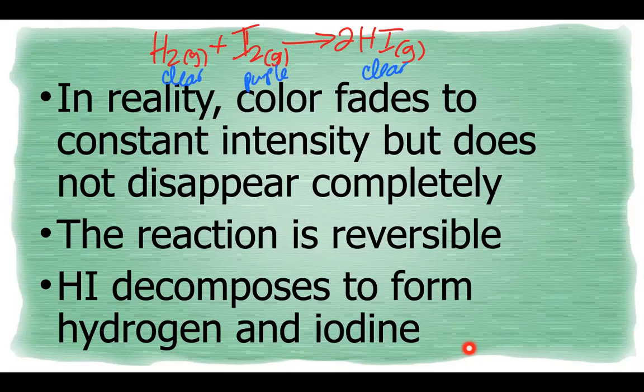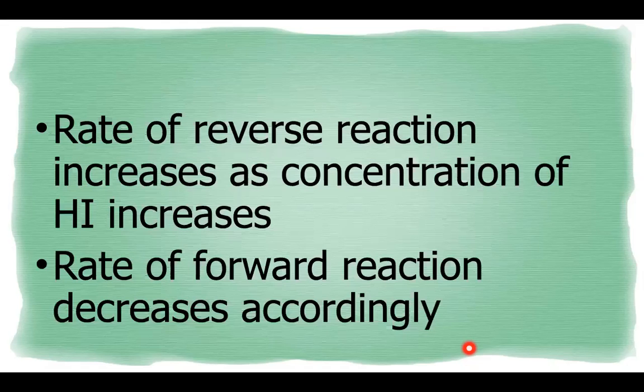If it were to proceed to completion, then you would see the purple disappear, it would decrease until it finally disappears completely. But that doesn't happen because it's reversible. So there comes a point where the color will remain constant.